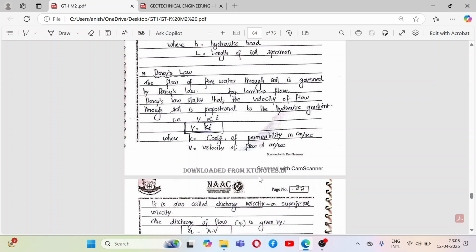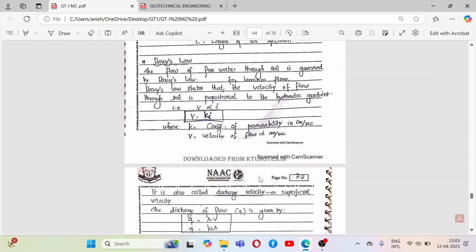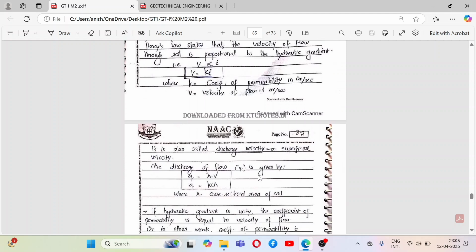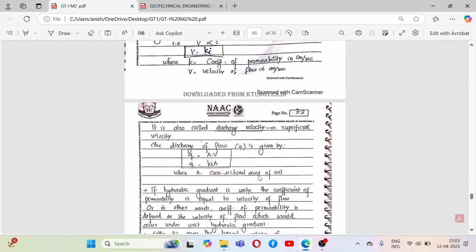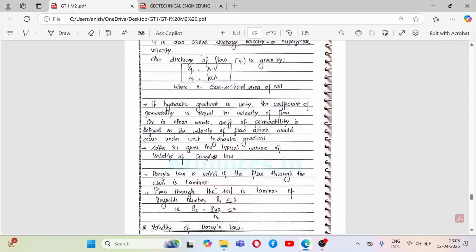K means coefficient of permeability in centimeter per second. v is the velocity of flow in centimeter per second, so it is also called discharge velocity. The discharge of flow Q is given by A into v, which you have studied in FM. So Q is equal to K i into A, where A is the cross sectional area of soil.